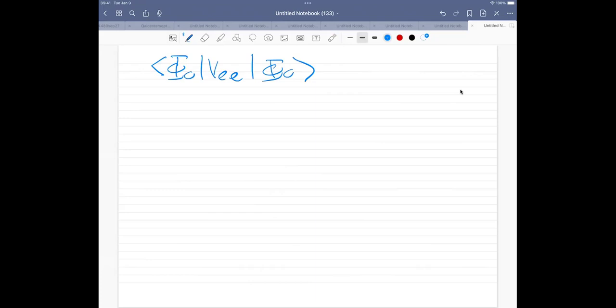So if we take all the constants in here, we're going to have a factor of 2 pi E squared. There's one thing I wanted to add here.